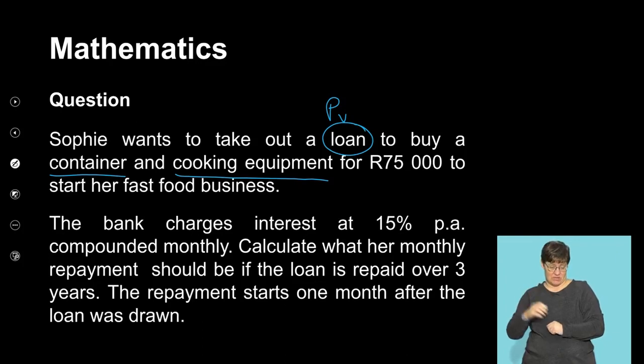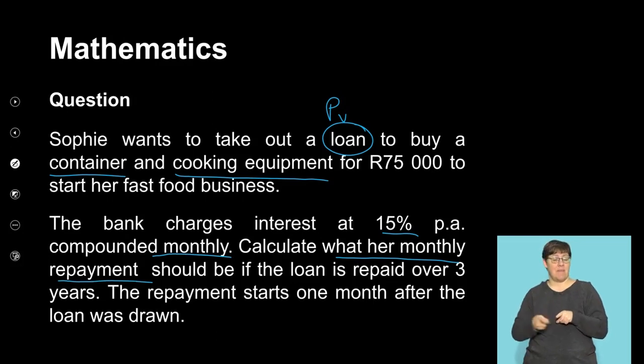Now, the bank charges interest at 15% per annum, compounded monthly. Now you must calculate what her monthly repayment should be if the loan is repaid over 3 years. You know, this statement will most likely always be there when it comes to a loan.